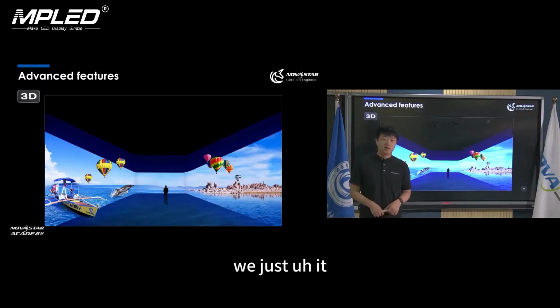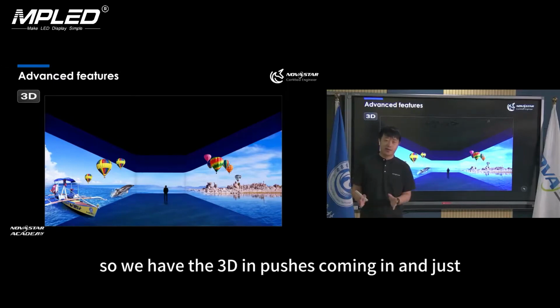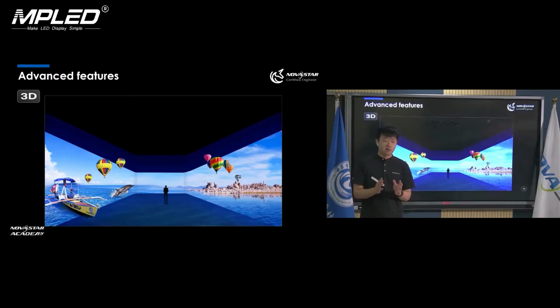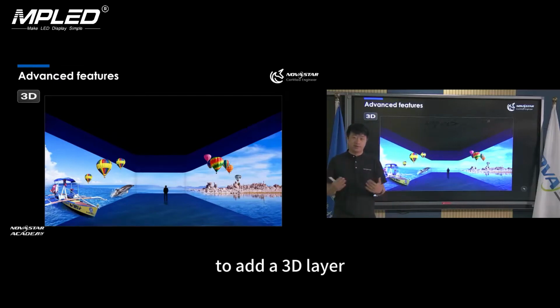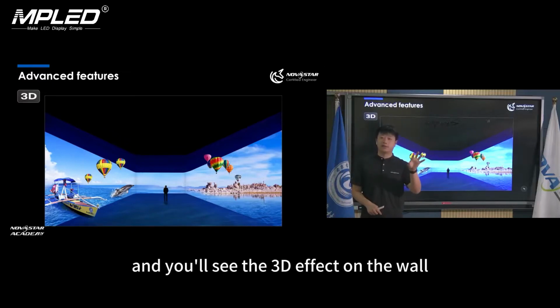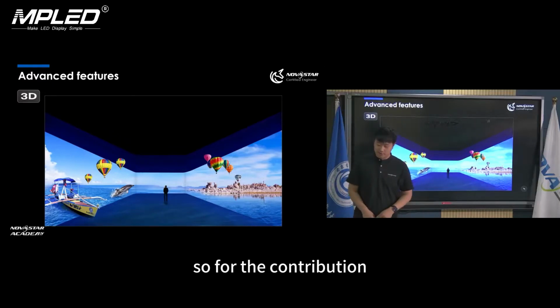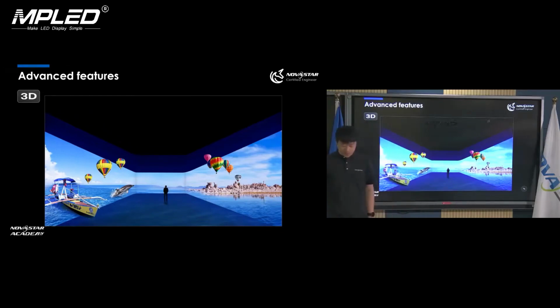It's configured based on the layer settings. So we have the 3D input source coming in, and it's really easy to just add a 3D layer and enable the 3D, and you'll see the 3D effect on the wall. So the configuration with the H series is much easier as well.